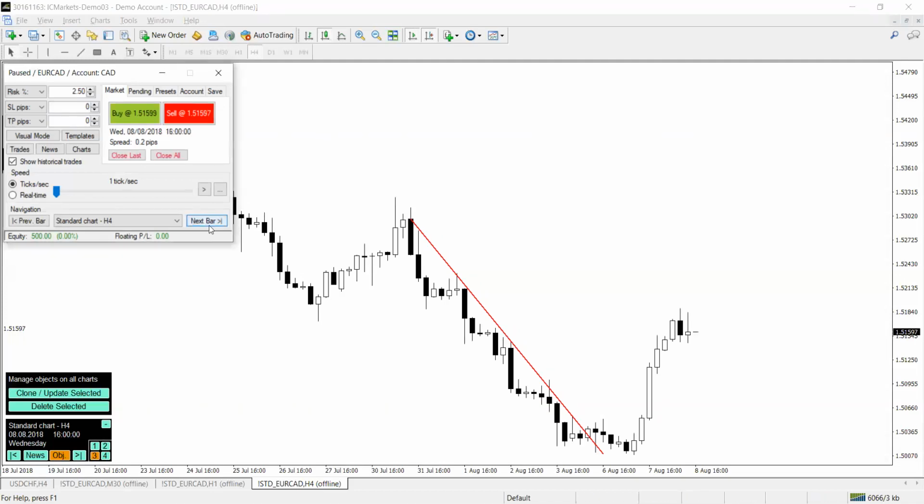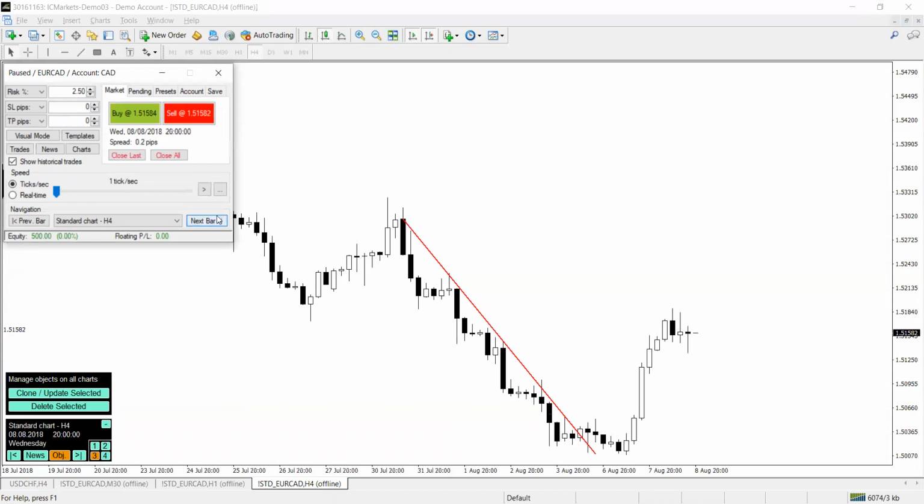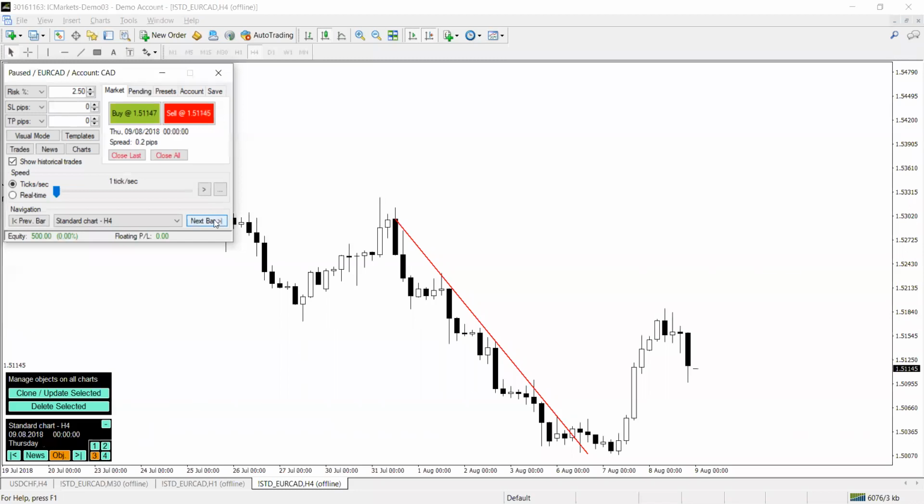Now you have 8 hours worth of rejection there. We still need a pullback on this pair. This could potentially be a pullback.